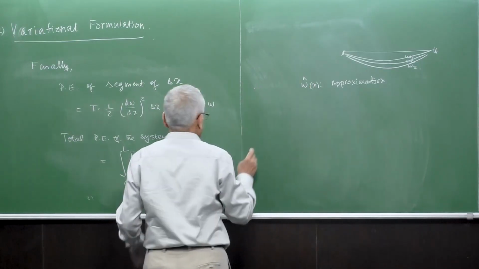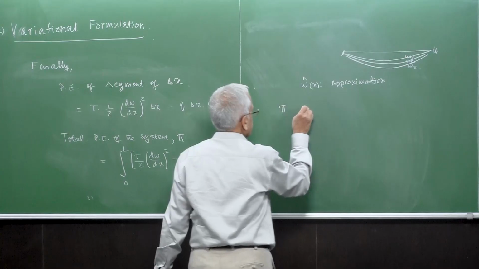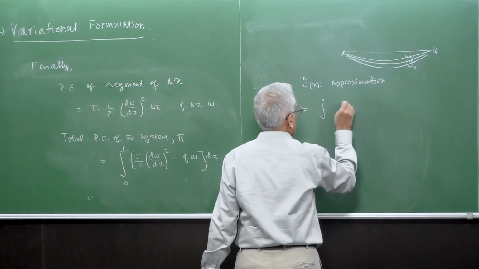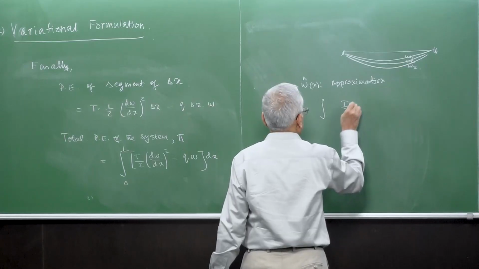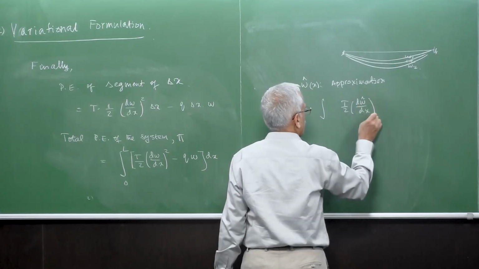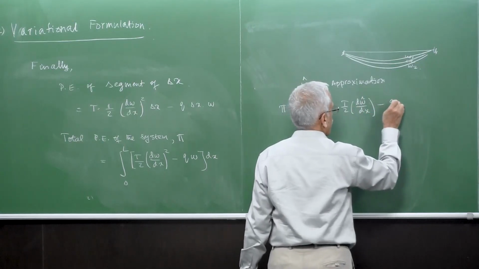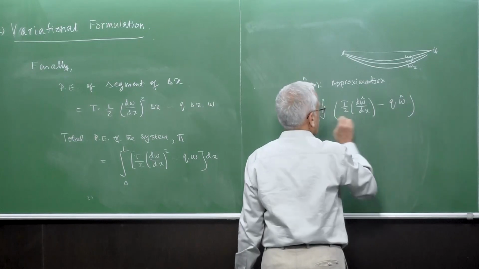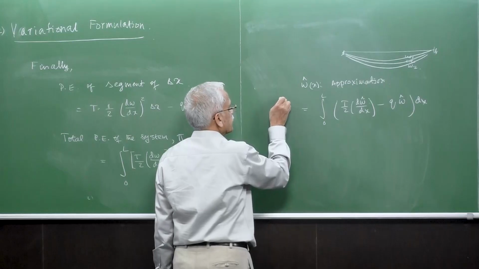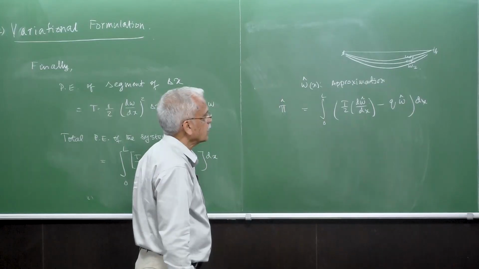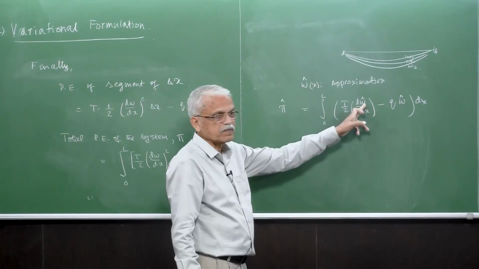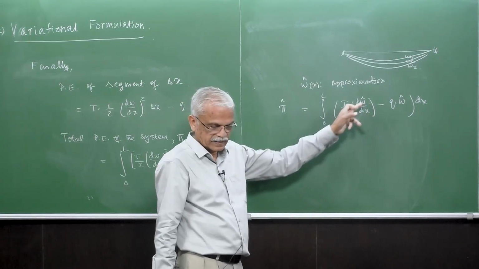So what we are saying is that if you substitute W hat into pi, you can even say it's a pi hat. So pi hat is going to have different values depending upon the W hat.